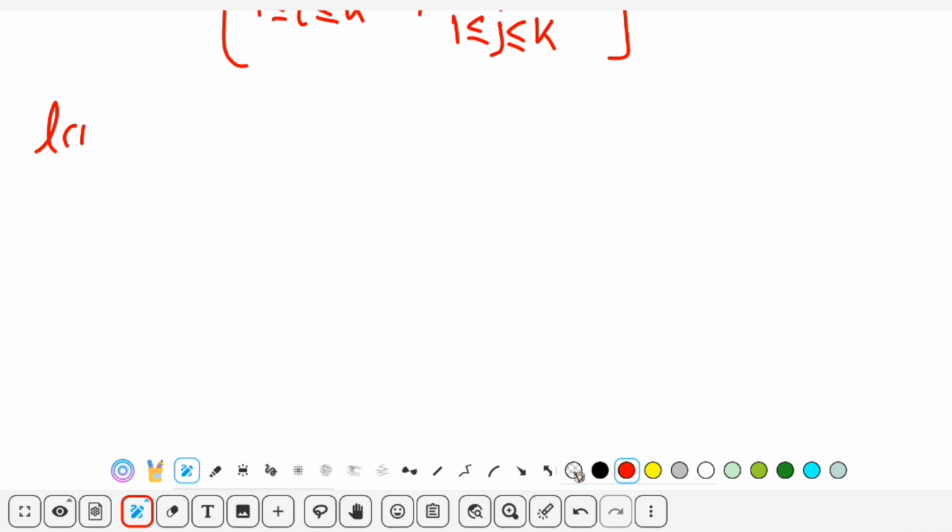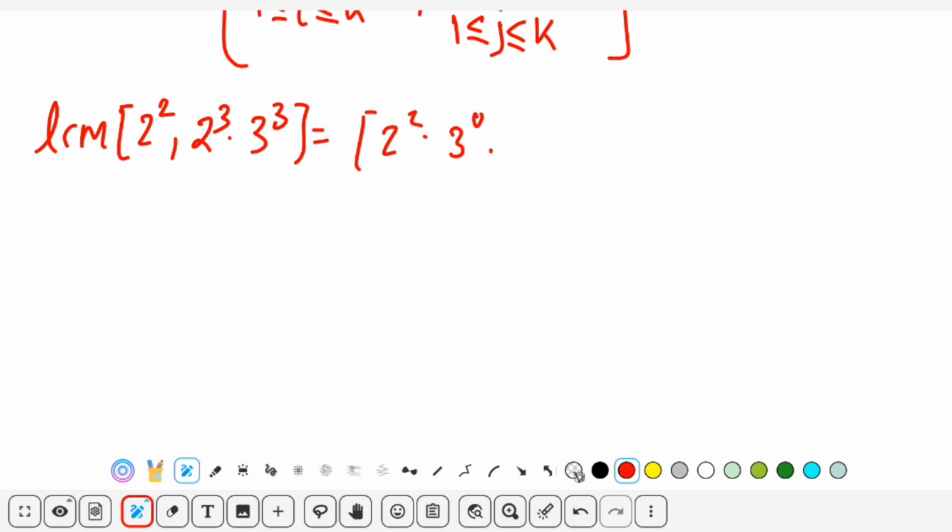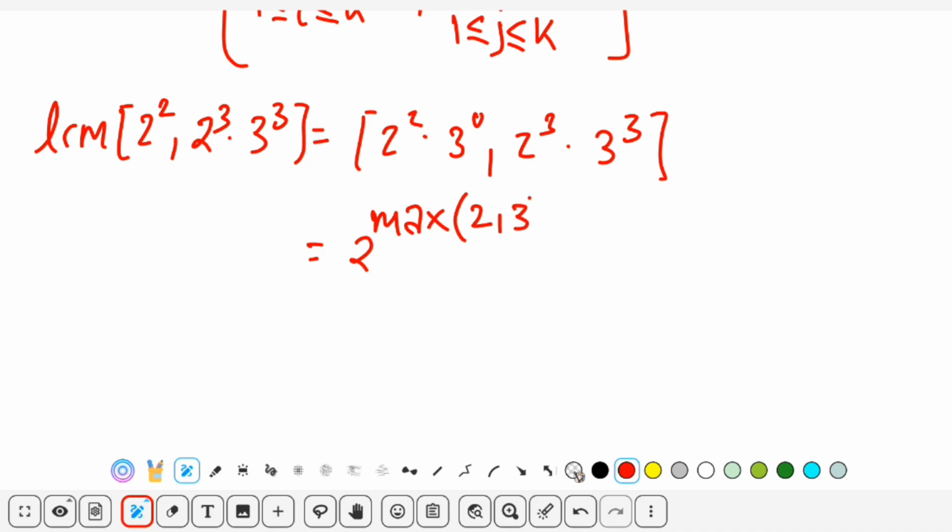So LCM of, let's take an easier example, 2 to the power 2 comma 2 to the power 3 times 3 to the power 3. Okay, you can write it as 2 to the power 2 times 3 to the power 0, 2 to the power 3 times 3 to the power 3. Now the answer will be 2 to the power the maximum of 2 comma 3 times 3 to the power the maximum of 0 comma 3.